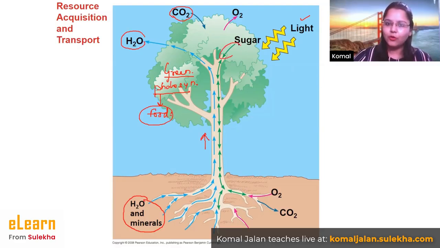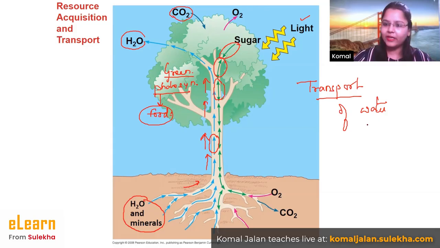The green arrow shows the transport of prepared food, and the blue arrow shows the water which is absorbed from the soil and transported to the green part. So today our topic is the transport of water, which acts as a raw material that helps in the synthesis of glucose, and after glucose is formed, it is also transported to the rest of the plant body.